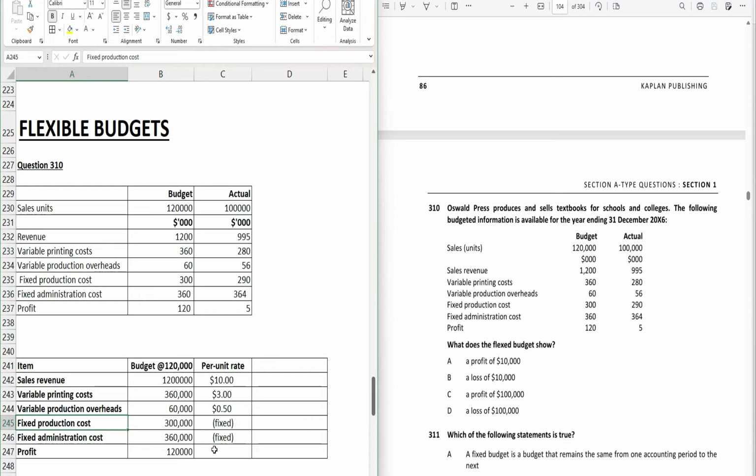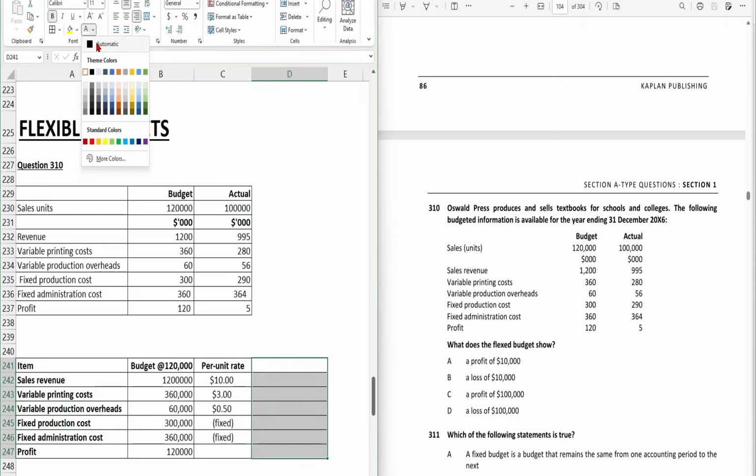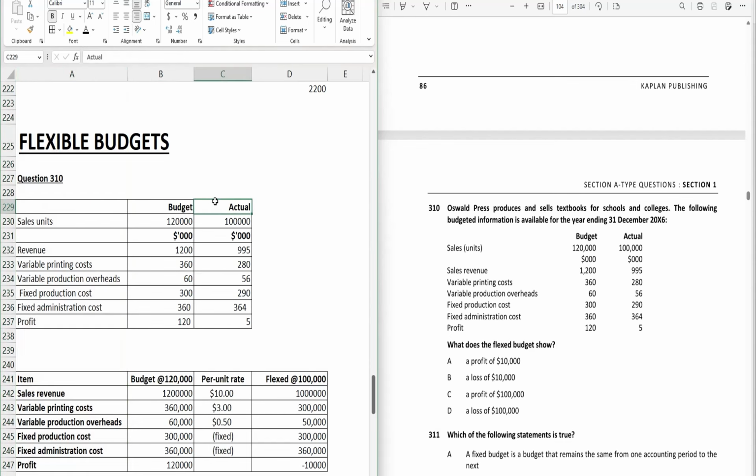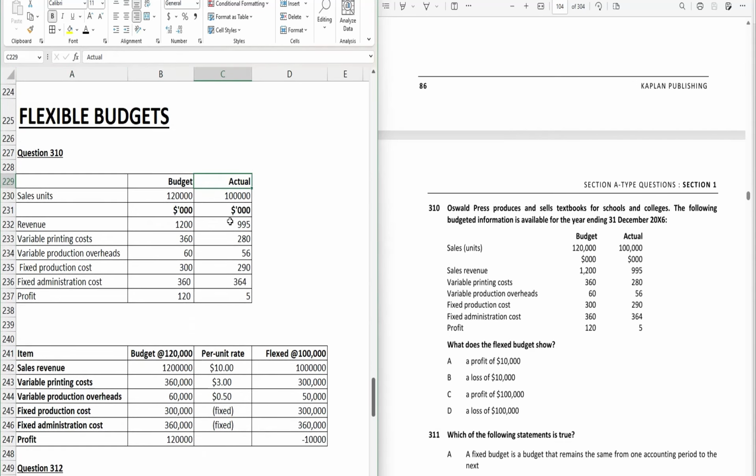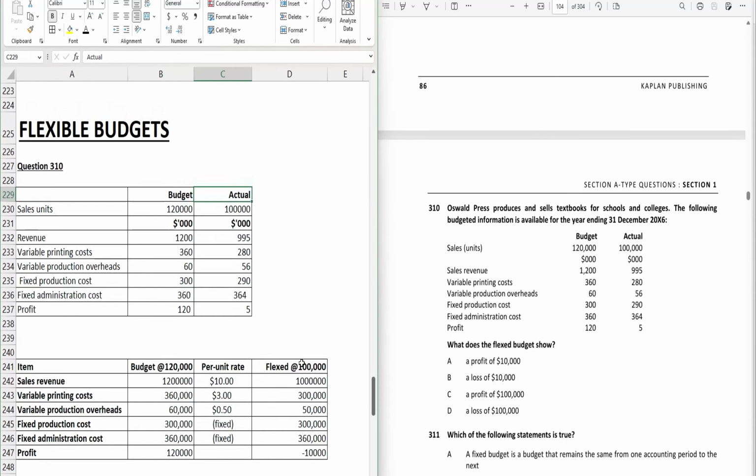So now let's calculate the flex profit. For that we need a flexed figure. Yes, so here it is. For 100,000, I have just multiplied this activity with this figure.